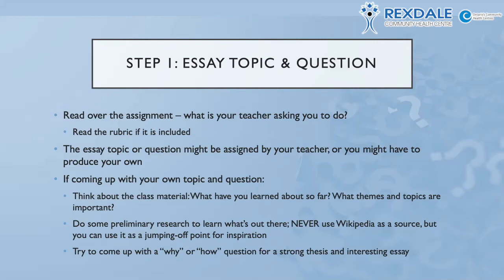If you're still having some trouble coming up with an essay topic or an essay question, you can do some research before you start, just to learn what's out there, if there are any elements to the class or the topic that you haven't really thought about so far. It's important to not use Wikipedia as an actual source for your essay, but it can be a really good jumping off point or just for inspiration for what you might want to read about.